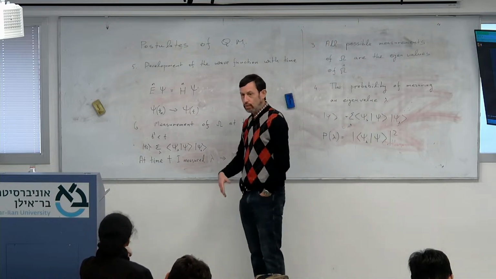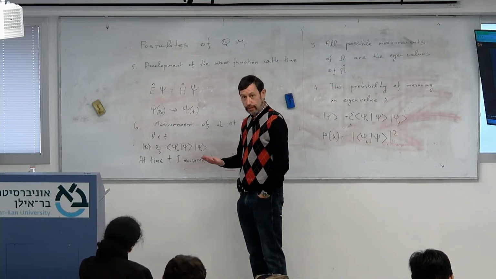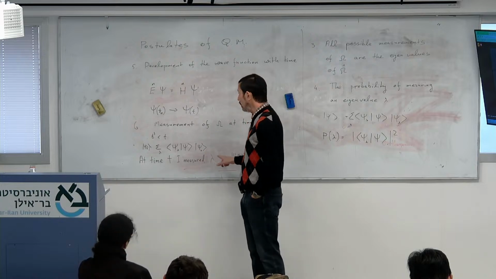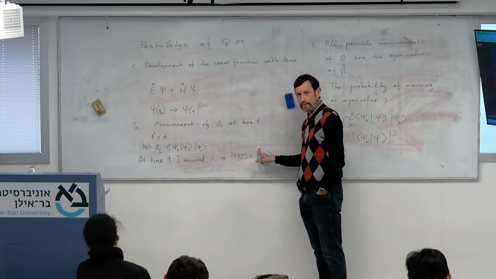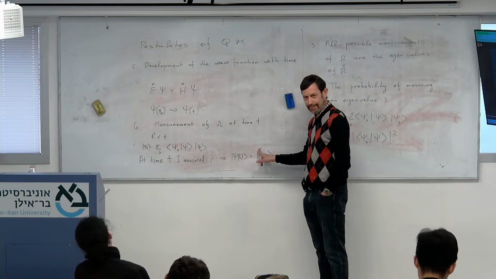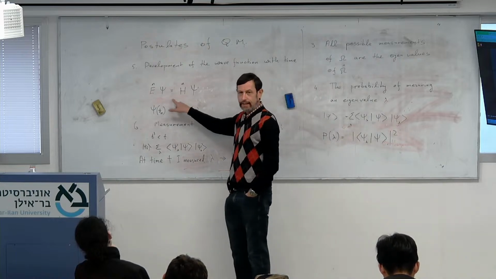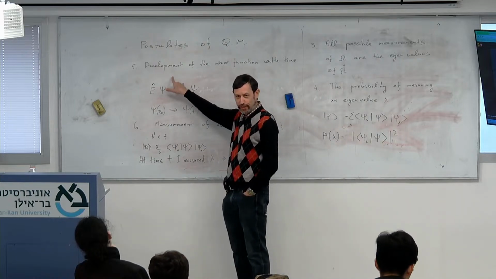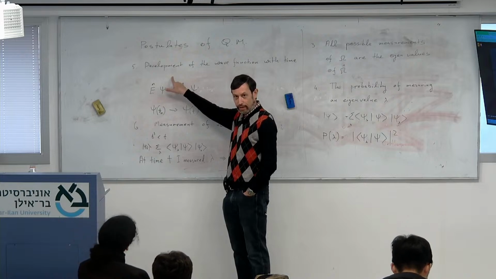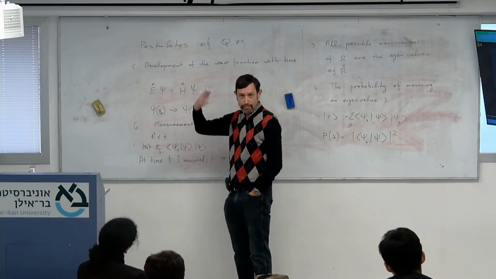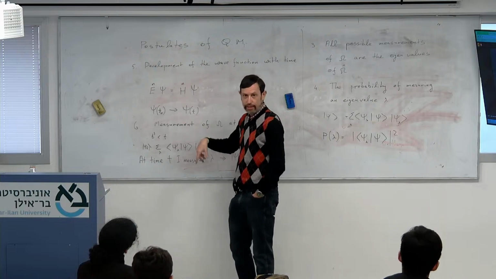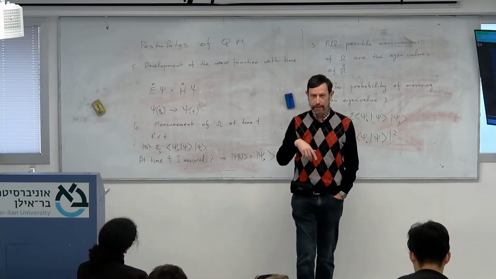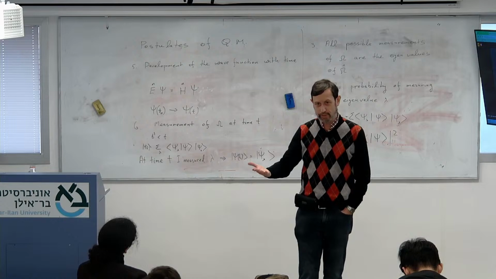Now, you want to continue the development of time? No problem. Take this, stick it back as an initial condition of the Schrödinger equation. Work. You'll have it at the times that come after the measurement.